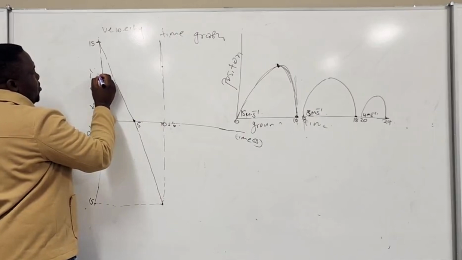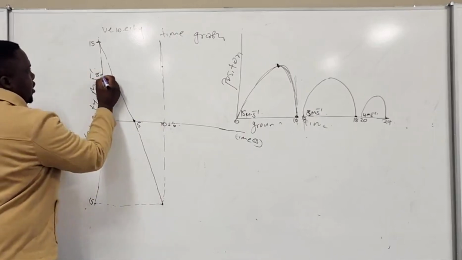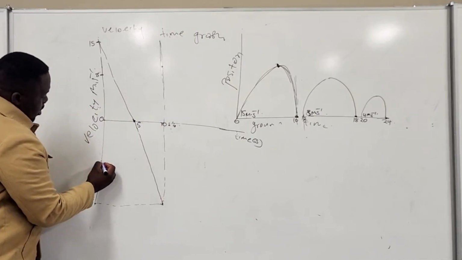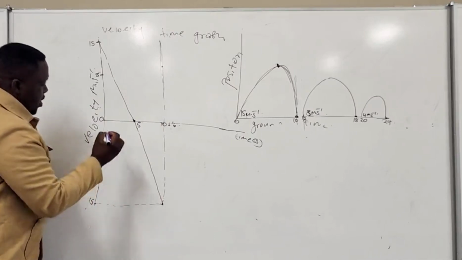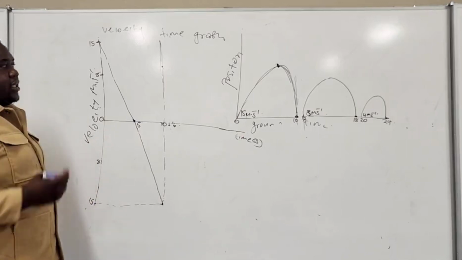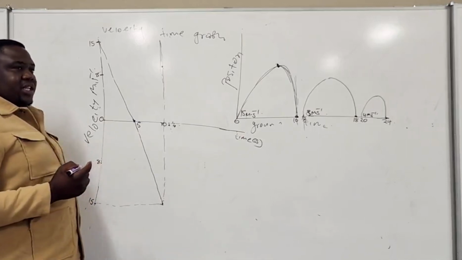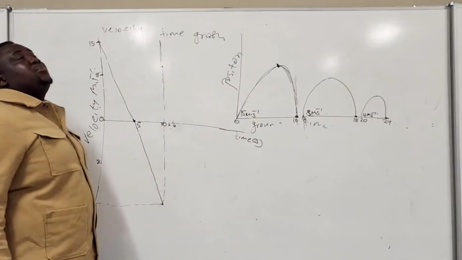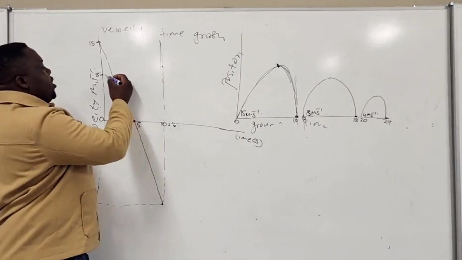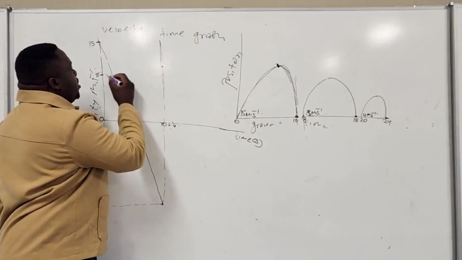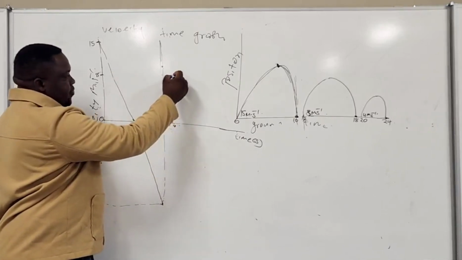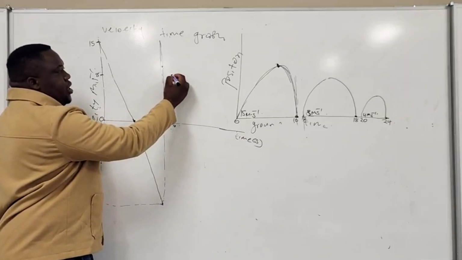Here is 8, even here on the negative side. You see, this is 8. Meaning that the ball bounced back up at 8 meters per second. Then it means I'm going to start from here. 8 is at this point, right?